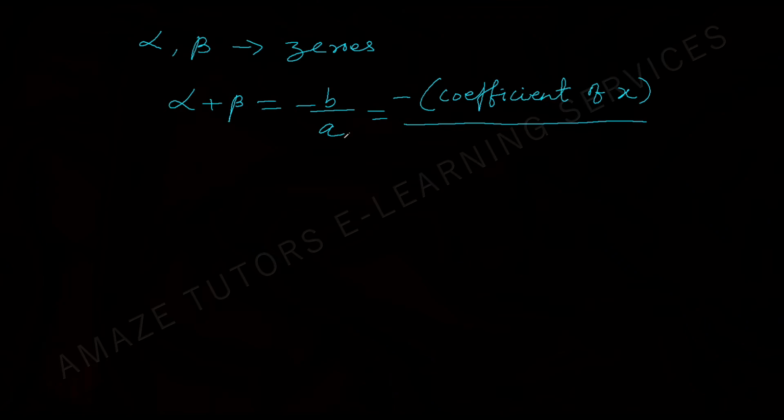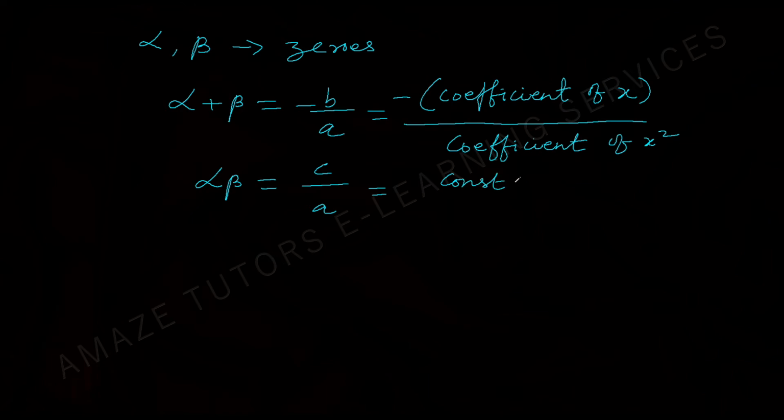The first leading coefficient, which is coefficient of x squared. Now we also know that the product of the zeros, alpha times beta, is equal to c by a, where c is the constant part. Again, a is the coefficient of x squared.